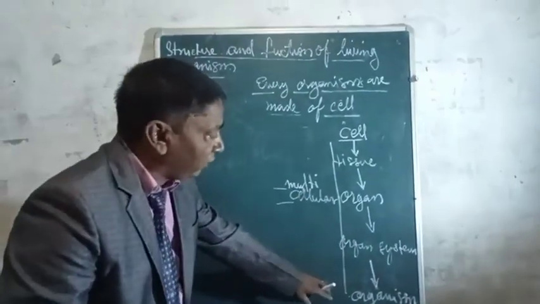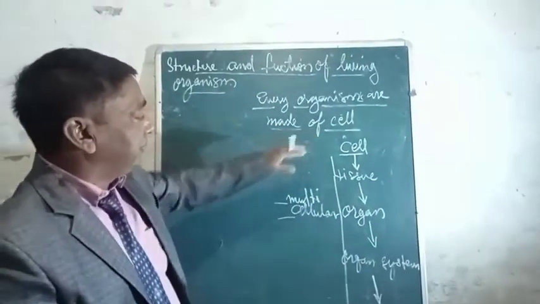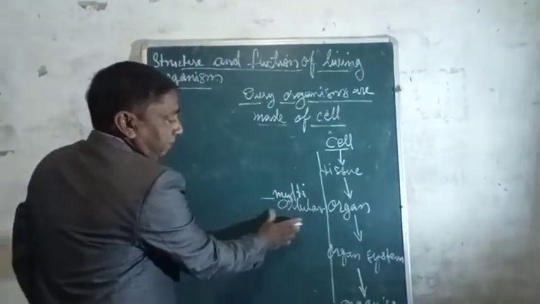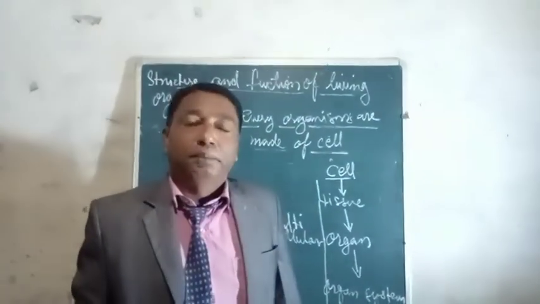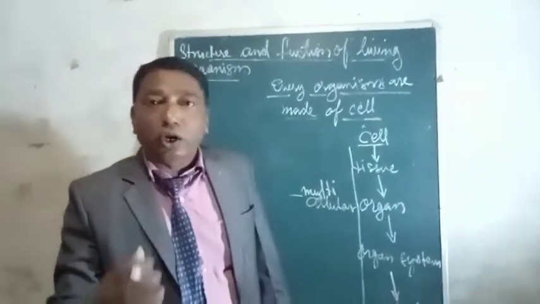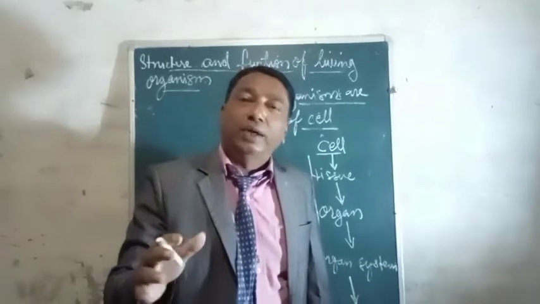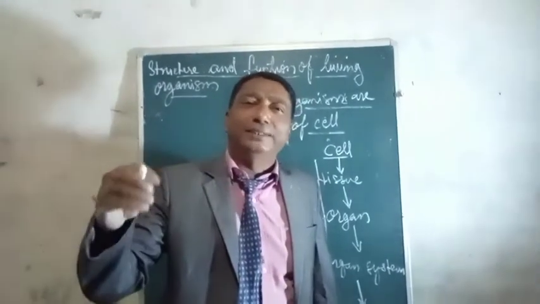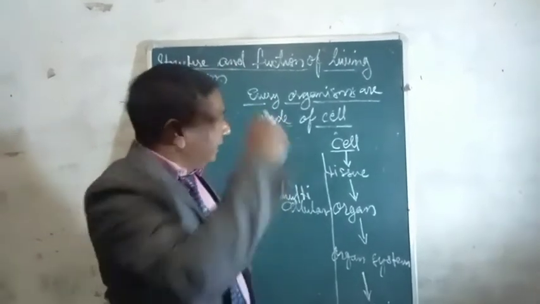This kind of organism, which has organ systems, organs, tissues and cells, is multicellular. What do you mean by multicellular? Multicellular organisms are those which are made of many cells, more than one cell. It may be 1,000, 10,000, lakhs, uncountable, we can say.